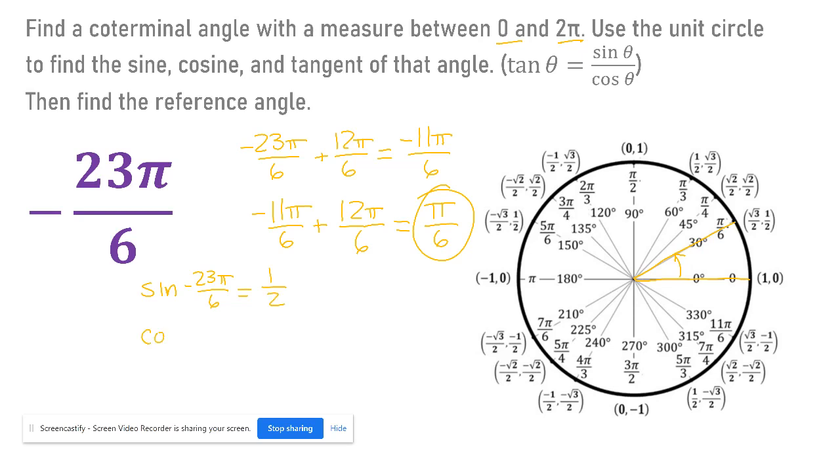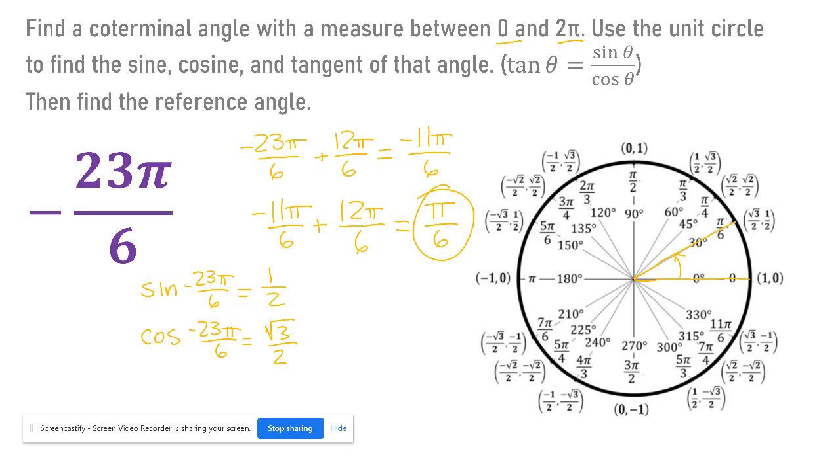The cosine of negative 23 pi over 6 is the x value, and that is square root of 3 over 2. Our tangent is going to be a little different. I mean, it's the same numbers, but they're in different spots. This time, the 1/2 is the sine. Square root of 3 over 2 is the cosine.